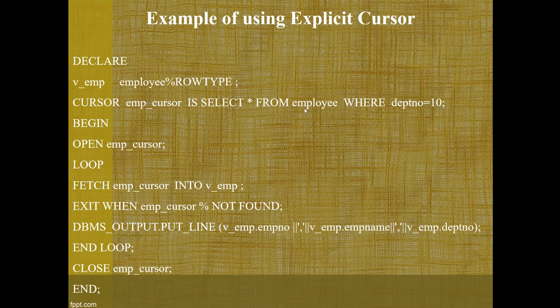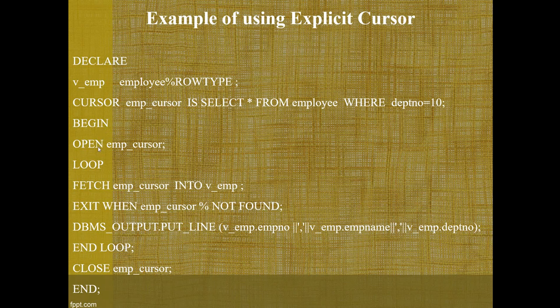So here I am fetching the rows where department equals 10 and storing them into the cursor emp_cursor. I am using the name emp_cursor. You can use any name, it's up to the user's choice.